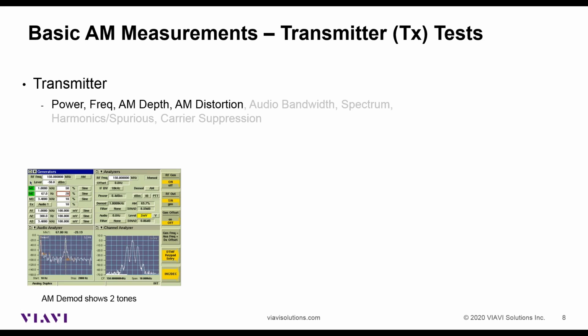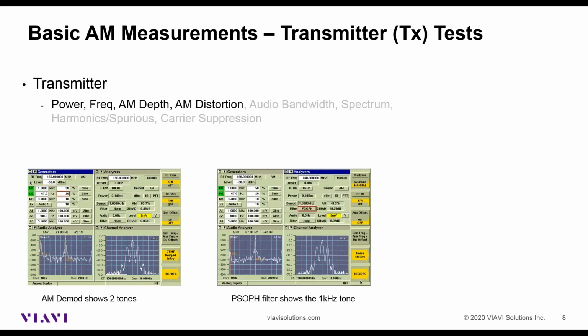Make sure if we're doing actual demod, we're actually going to look at putting some filters in here to either allow the 1 kilohertz through or the 67 hertz. Then we'll actually get the AM depth for each of those different components. So in the second picture, for example, it's exactly the same modulation I'm generating, but you'll see I've now put on a psophometric filter.